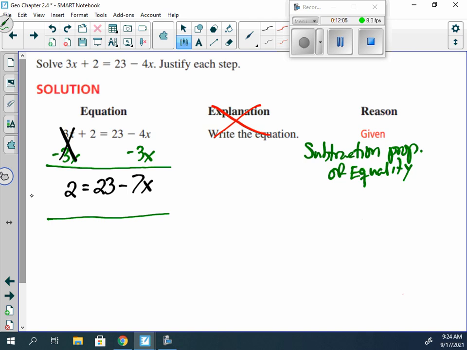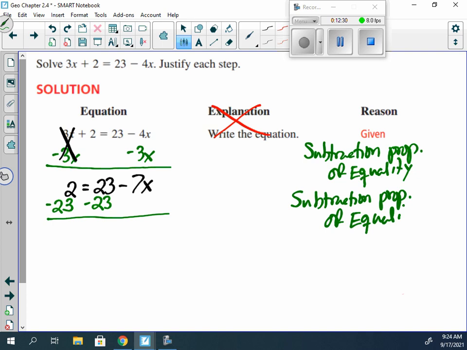The 23, because anything we can add or subtract to get away from the variable is what we want to do first, guys. So what we would do first is to subtract 23 from both sides. And again, this would be our subtraction property of equality.